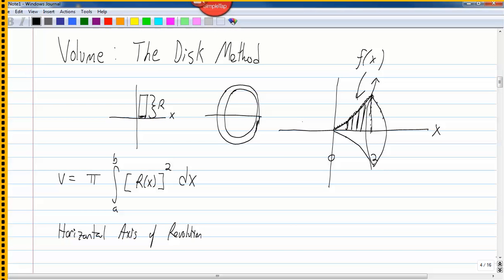The horizontal axis of revolution is what you are revolving this thing about. In the picture I have drawn, the funnel-shaped figure is drawn about the x-axis. That's a horizontal line, a line left to right. So as long as I have a horizontal axis of revolution, I'm going to want all of my functions y equals x, I'm going to want to integrate with respect to x, and I'm going to want my boundaries to come from the x-axis.